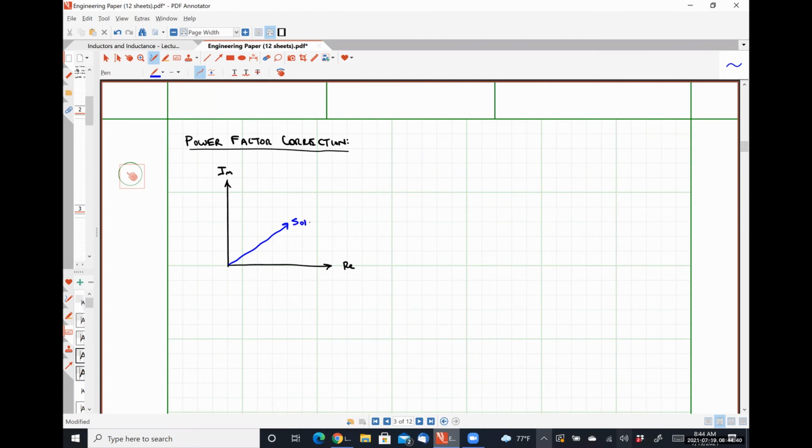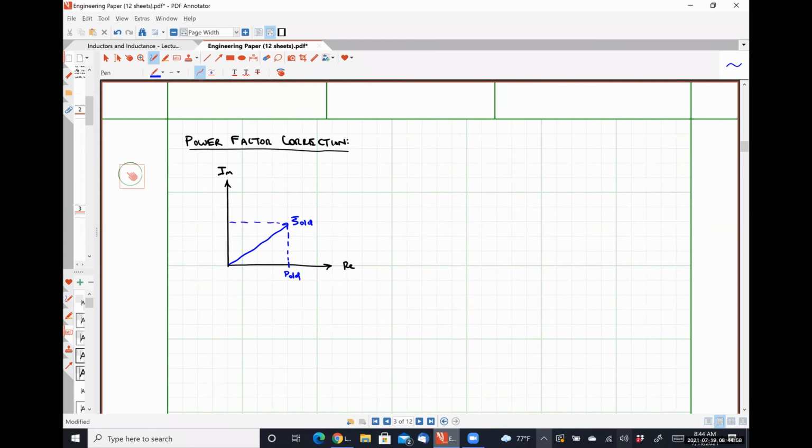And I'm going to call this S old, so that the projection of S old onto the real axis is P old.